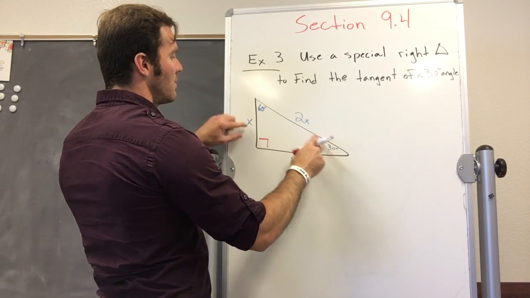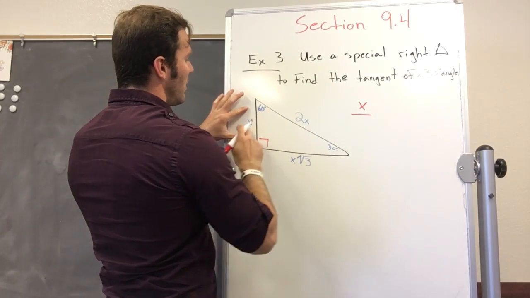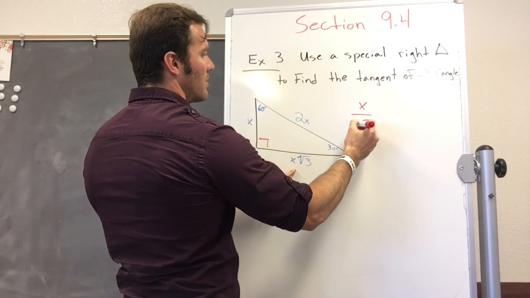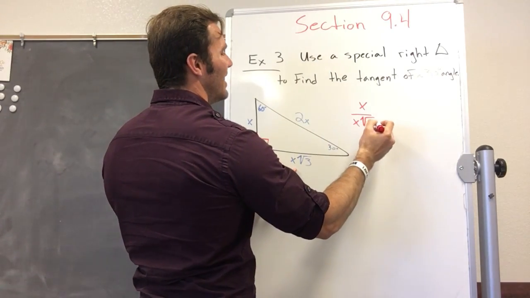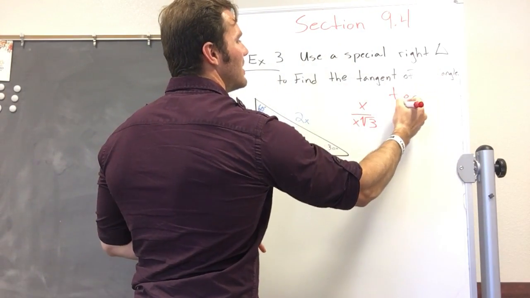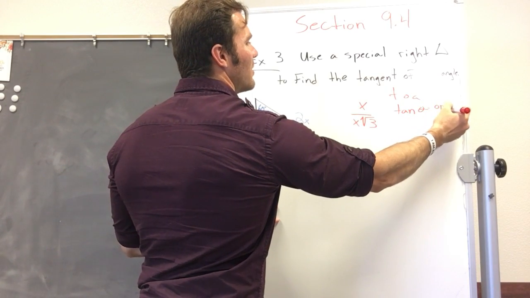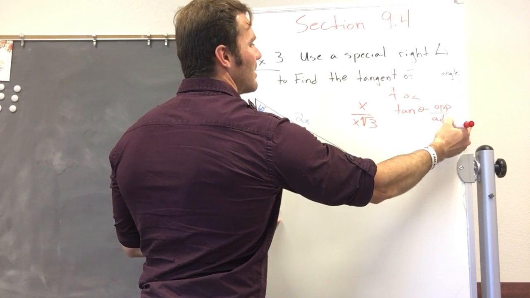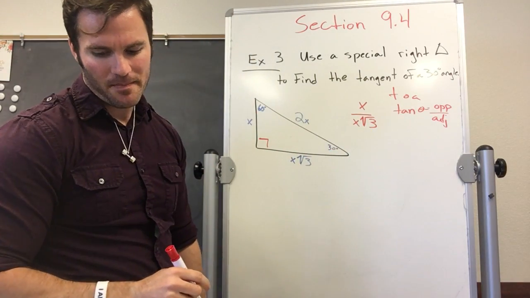So we're going tangent, which is opposite over adjacent. TOA. Tangent is opposite over adjacent. Okay.